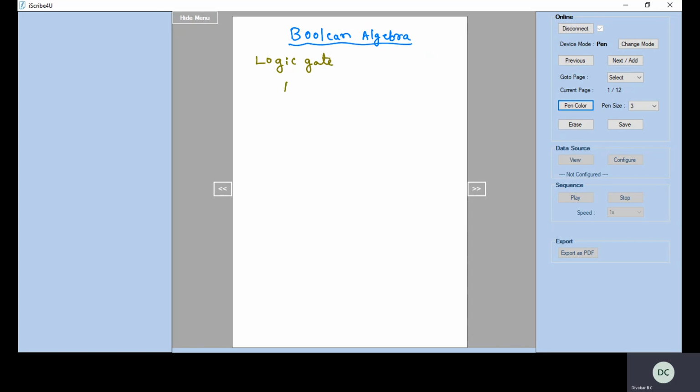The three basic gates are: AND gate, used to perform the logical multiplication operation; OR gate, used to perform the logical addition operation; NOT gate, used to perform the complement or negation operation. These three gates are called the basic gates because they are the basic building blocks for digital circuitry.